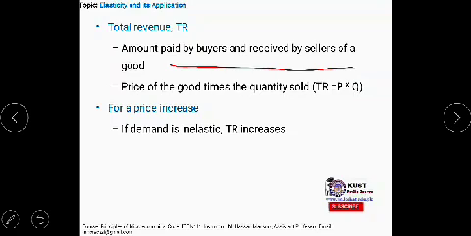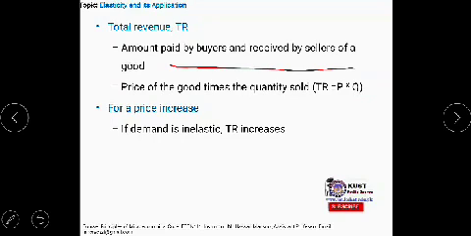Now, to maximize profits, as we know, profit is equal to total revenues minus the total costs of the firm. If the firm is trying to maximize profits, there are two ways to do that: one is to increase the total revenues, or to decrease the total cost.